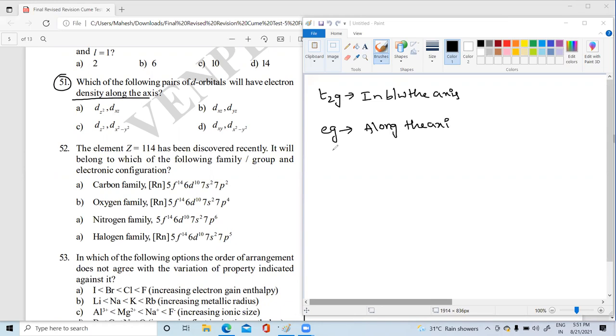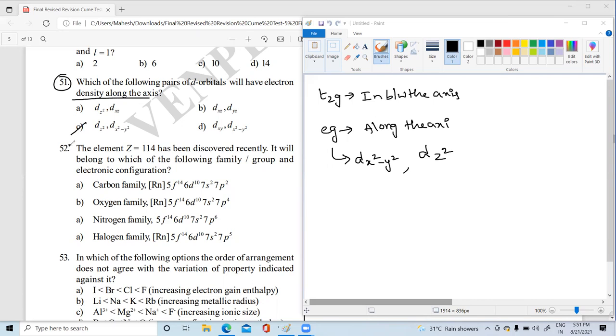So what are the eg orbitals here? The eg orbitals are dx square minus y square and dz square, which are present along the axis. So check here dx square minus y square and dz square. So option C is the correct one, students.